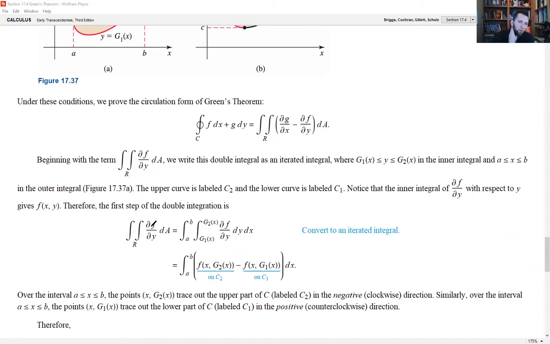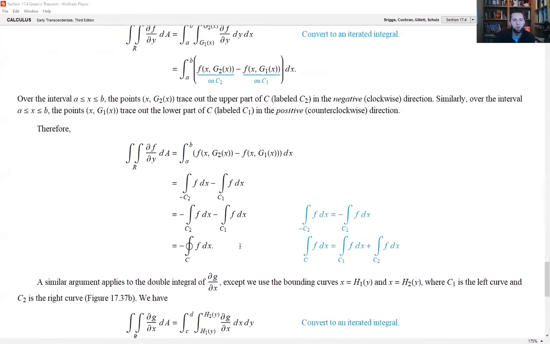So again, what we did was we wrote our double integral as an iterated integral, and then we recognized that this was just the fundamental theorem of calculus in reverse. So boom, we went from a double integral to a single integral, and here we have the difference. So similarly, over the region a to b, the points x, g1 trace out the lower part. So the top part is tracing out C2, the lower part is tracing out C1, and all this is happening in the positive or counterclockwise direction.